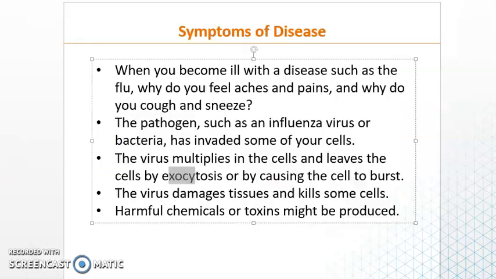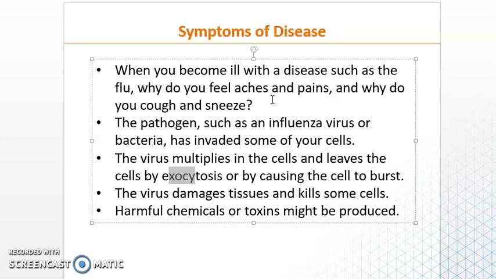So today we talked about the symptoms of diseases. We are not going to study what are the symptoms of diseases. No, each disease has different symptoms according to the pathogen which causes this disease. But our question today is, when can we feel symptoms? When are the symptoms appearing? This happens when the virus, the bacteria, the pathogen, whatever it is, starts to attack the cells in one of different ways.